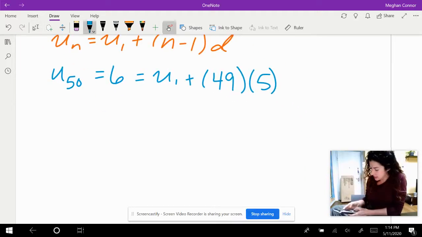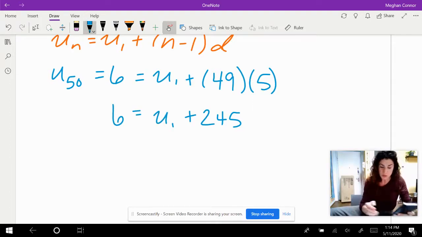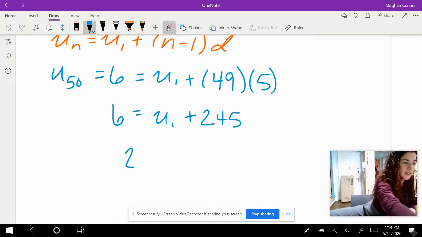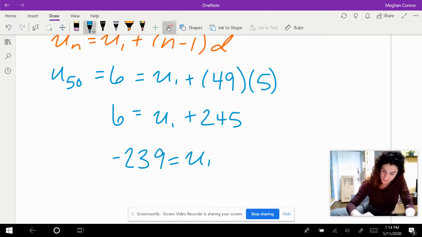So 49 times 5 is 245. Which means we just need to do 6 minus 245. And negative 239 is our first term.